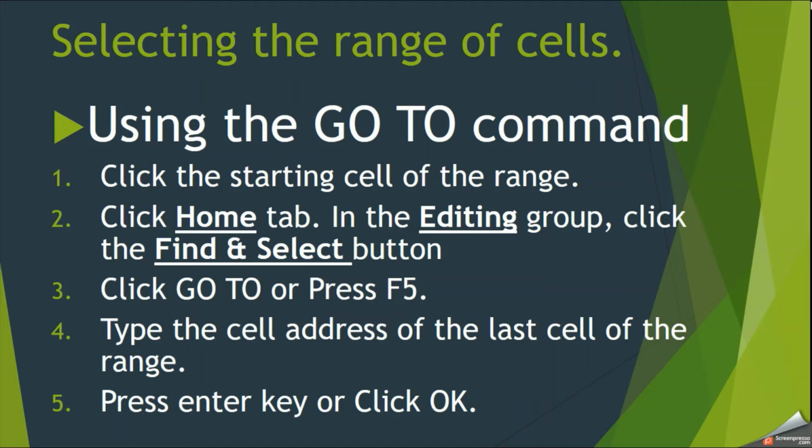Here also it is simple, three steps. First select the first cell, then click the Home tab, Editing group, Find and Select button, then Go To, type the cell address of the last cell, and press Enter. We will see that also.